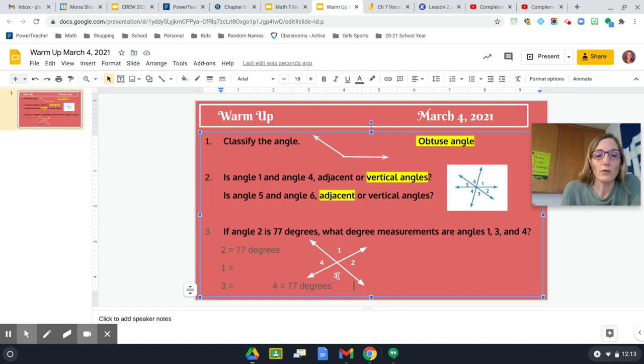So if I know it's 180 degrees, and I know angle 2 is 77, I'm going to subtract those two. That's going to tell me what angle 1 is. Remember, we classified angles, and when you look at angle 1, that's an obtuse angle. It has to be greater than 90 degrees. When you subtract these two, you're going to get 103 degrees. So angle 1 is 103 degrees.